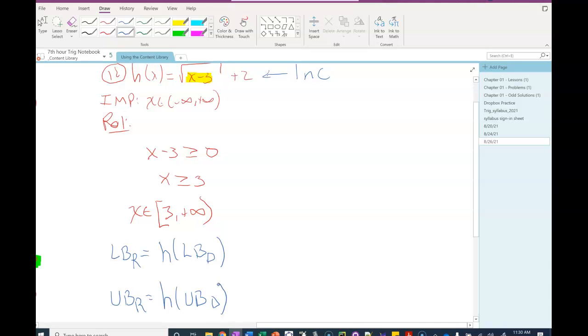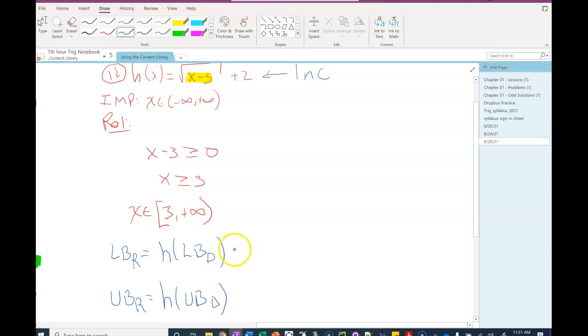If it was decreasing, they switch. The lower bound for the range is h of the upper bound for the domain, and the upper bound for the range is h of the lower bound for the domain, if the function were decreasing. That's why we need that, whether it's increasing or decreasing, so we make sure we get the bounds right.